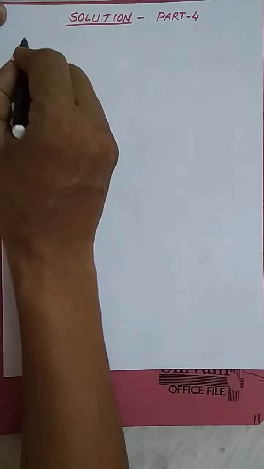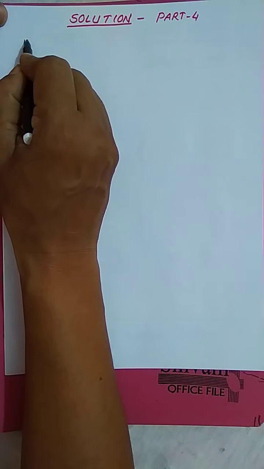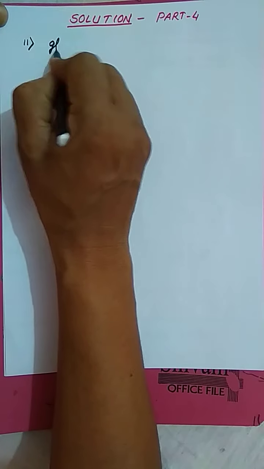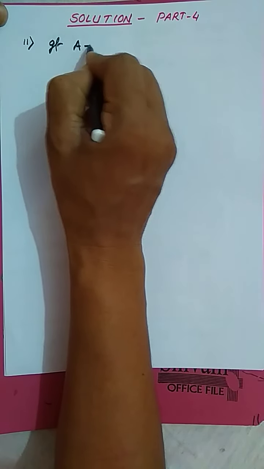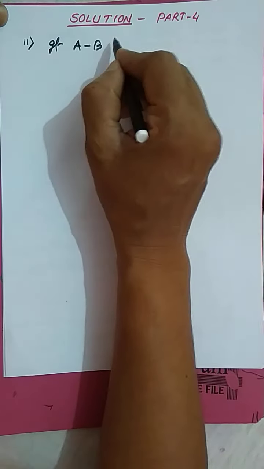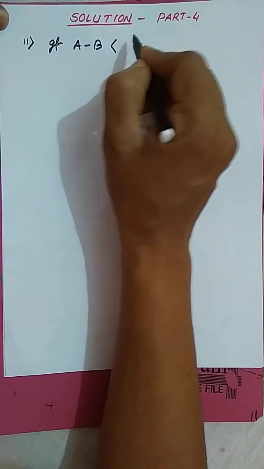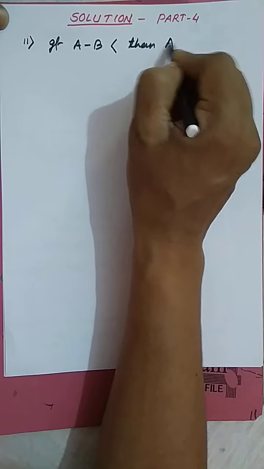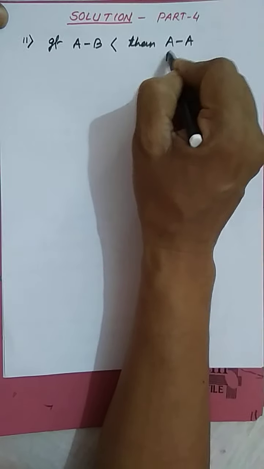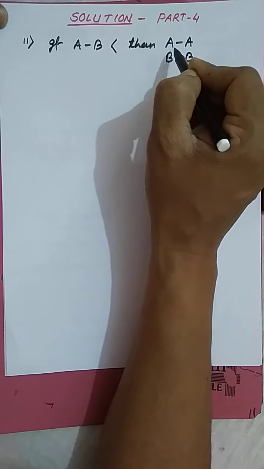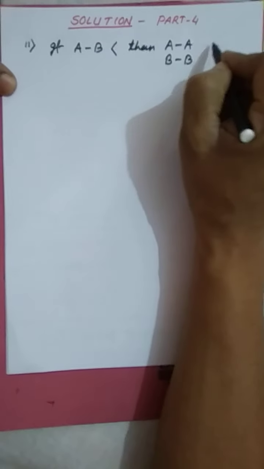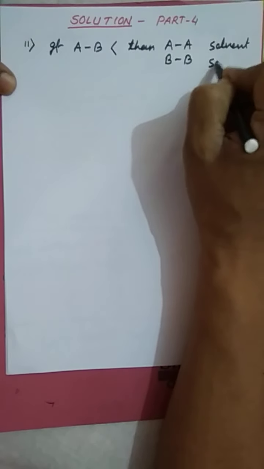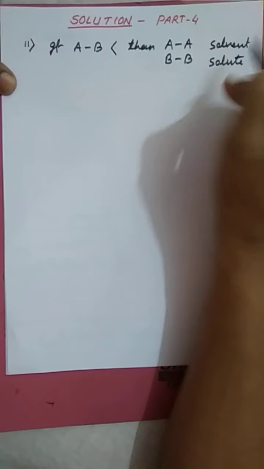The second case we are discussing, number 2: if AB interaction is less than AA interaction and BB interaction, where A stands for solvent and B stands for solute, right?